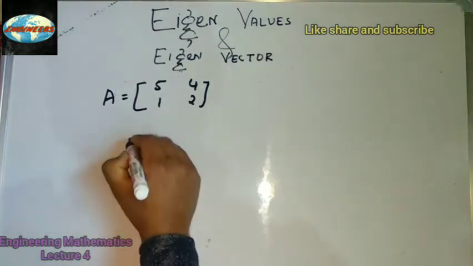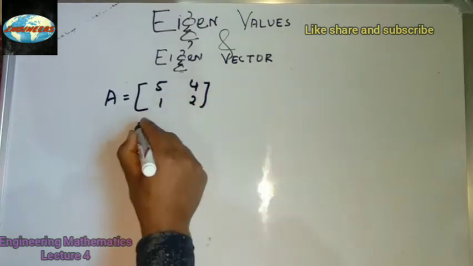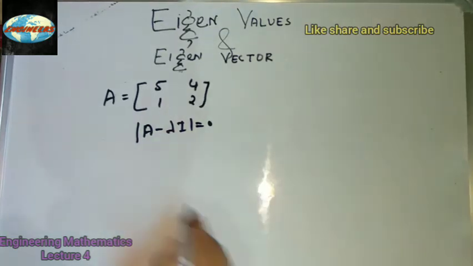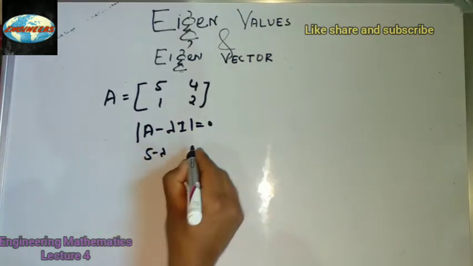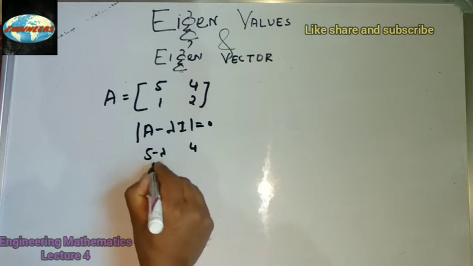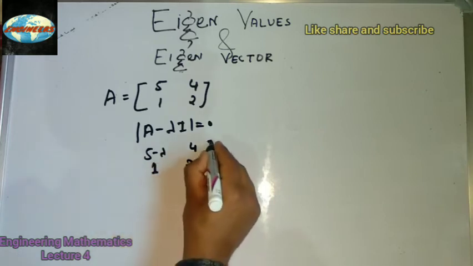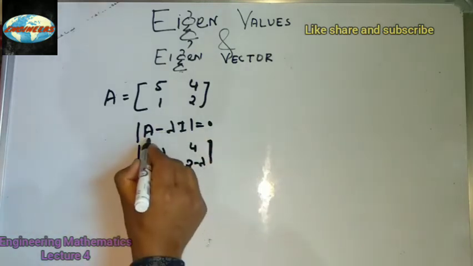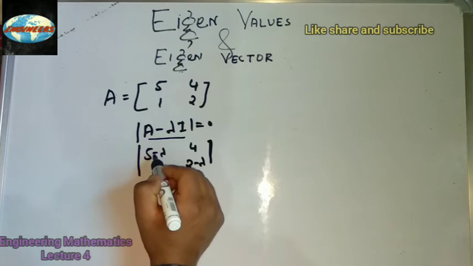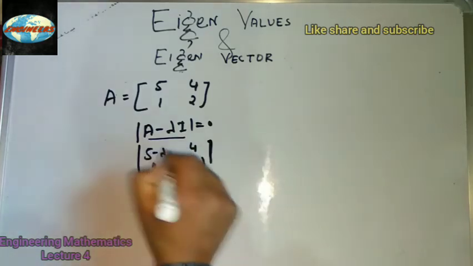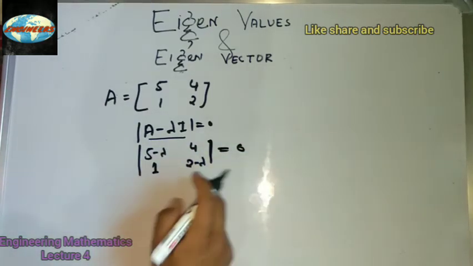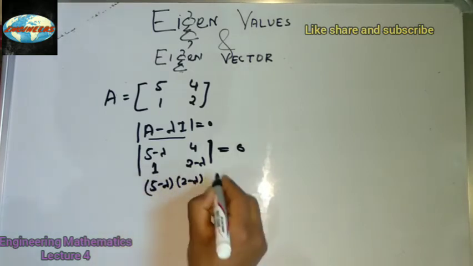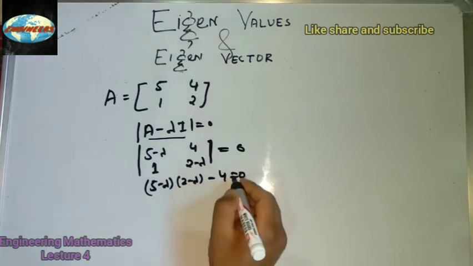So what I told you: for calculating the eigenvalues, the determinant of A minus lambda I is equal to 0. That means 5 minus lambda, 4 as it is, 1 as it is, 2 minus lambda. Just subtract lambda from the leading diagonal elements and equate the determinant to 0. Expanding this: (5 minus lambda)(2 minus lambda) minus 4 is equal to 0.